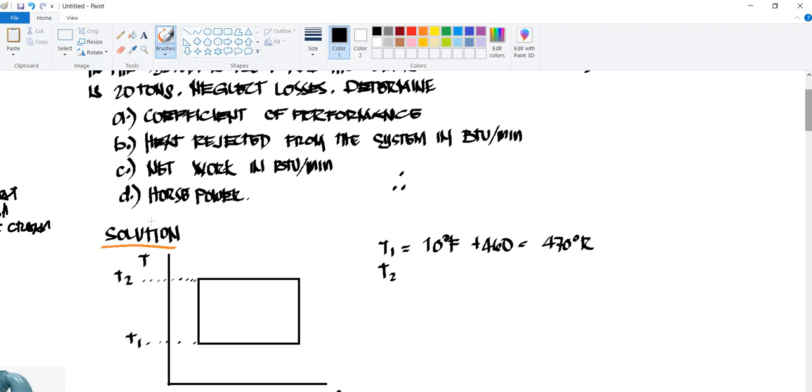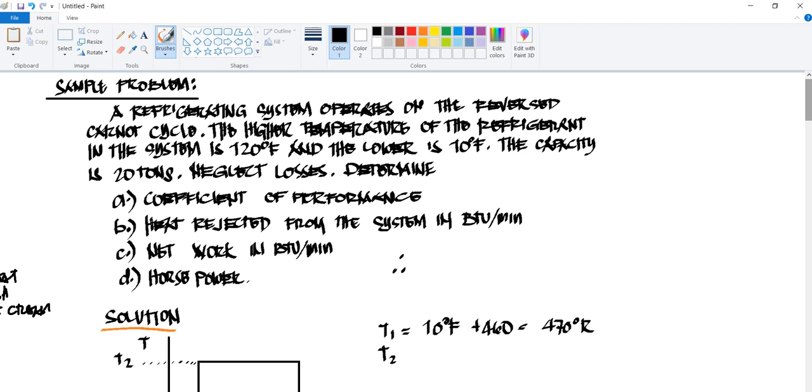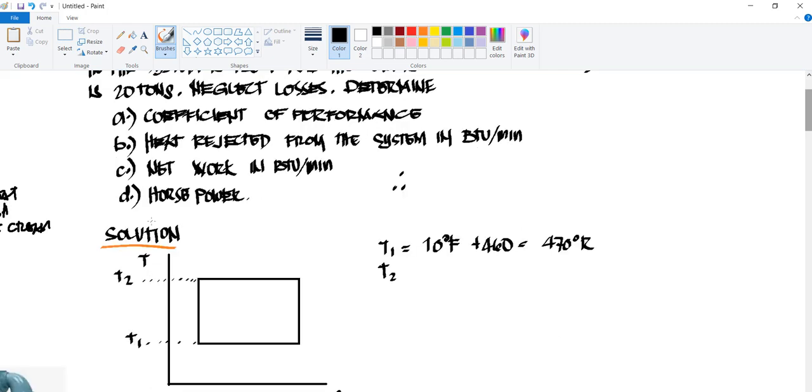For T2, the higher temperature, we have 120 degrees Fahrenheit plus 460. We have the value of 580 degrees Rankine.